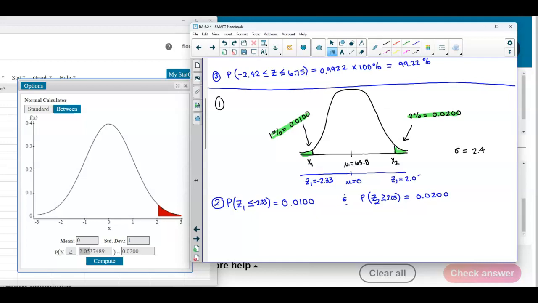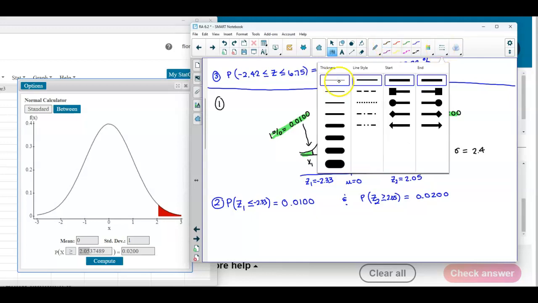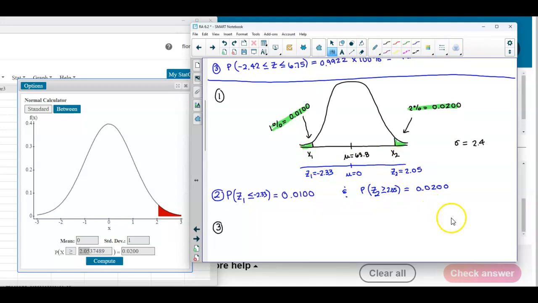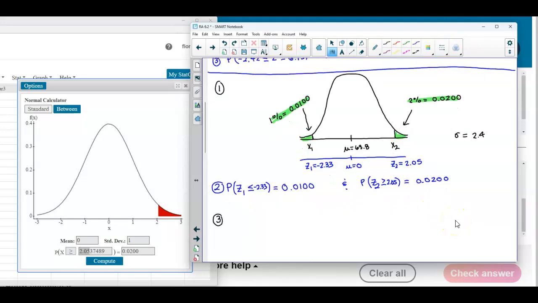So now that we have the z-scores, we can find x1 and x2 from the given information. We know that z1 is equal to negative 2.33, the mean is equal to 63.8, and the standard deviation is 2.4. Using the formula to find x1, it's the mean plus z-score 1 times the standard deviation.